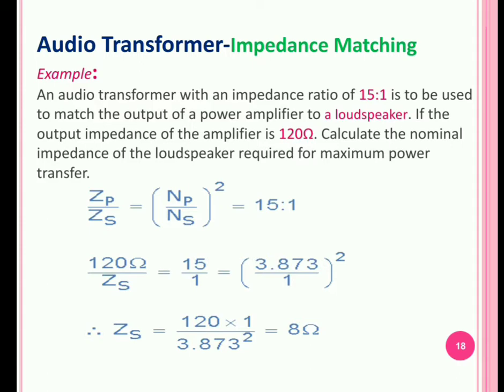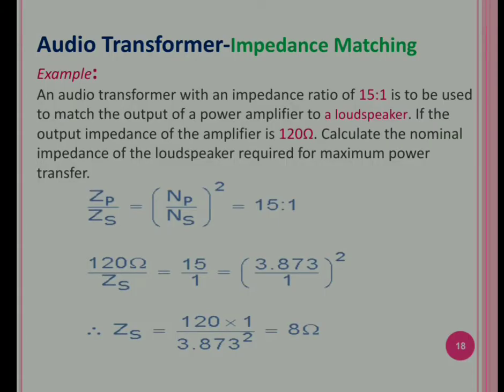If you take the root of that, it becomes (3.873 divided by 1) whole square equal to 120 by Zs, from which you get Zs equal to 120 ohms divided by 3.873 squared, which comes out to be 8 ohms. So this is normally the standard impedance of a loudspeaker coil.